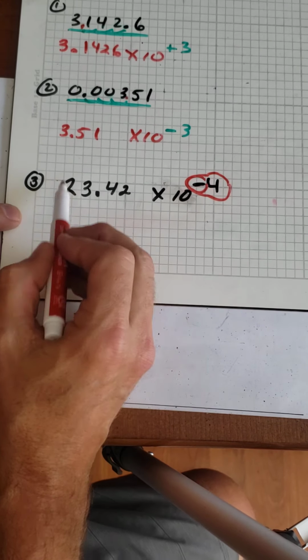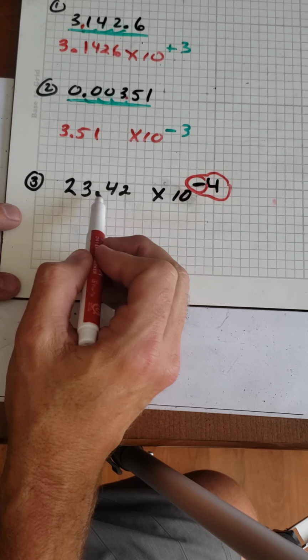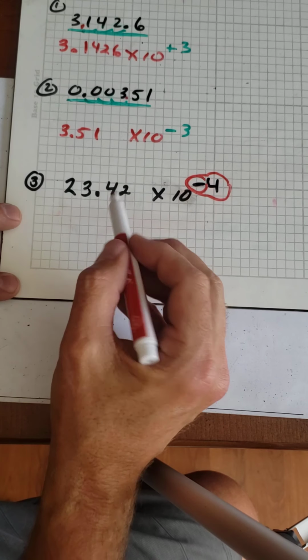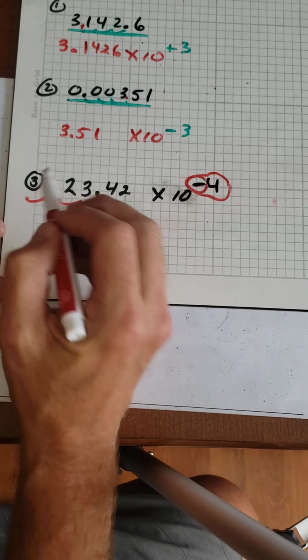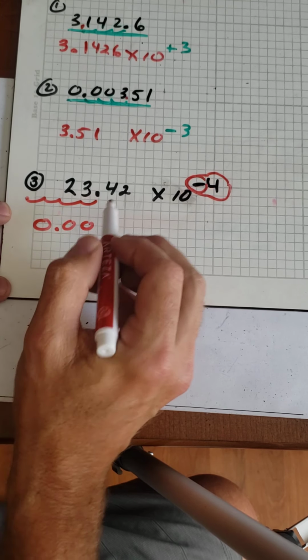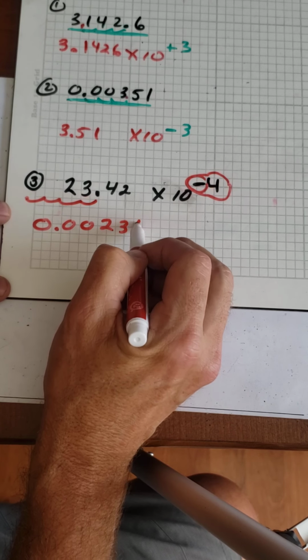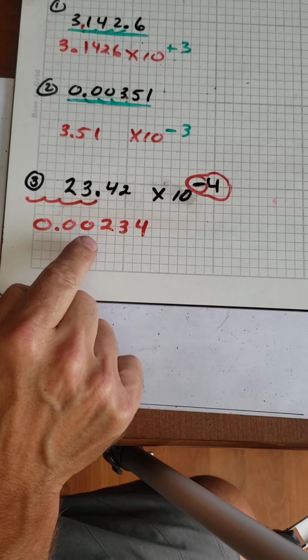So if I want this number to be less than 1, then I can't move it in that direction. I have to move it towards the front. So I'm going to move it 1, 2, 3, 4 times. So I get 0.00234.